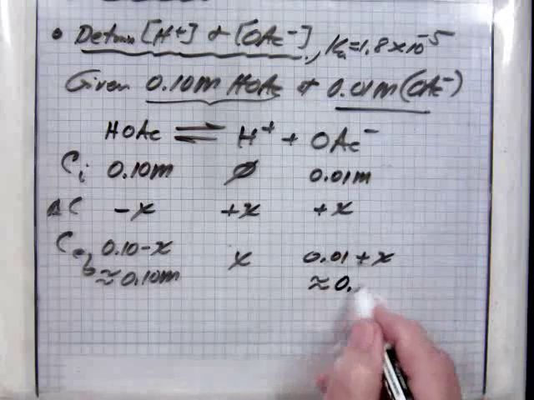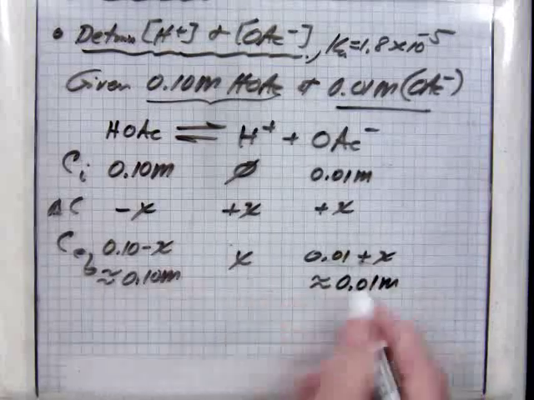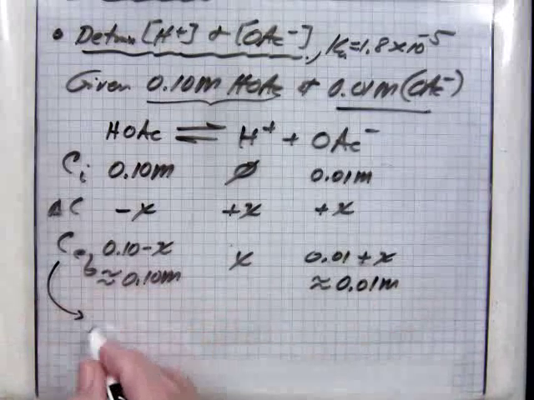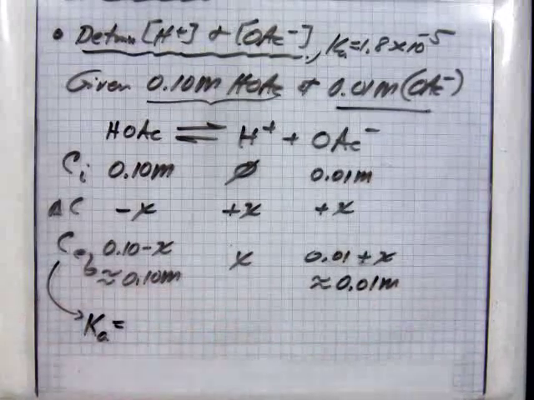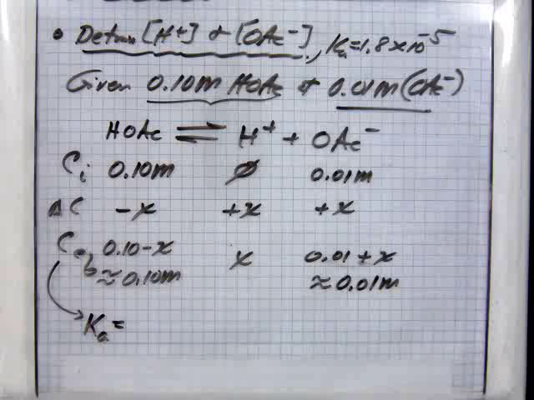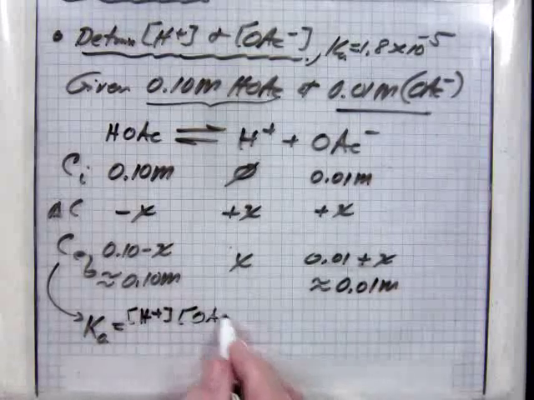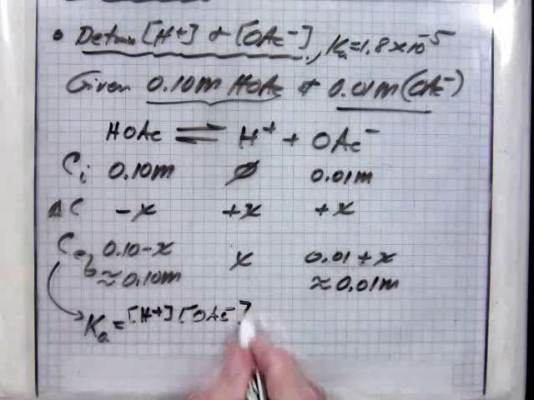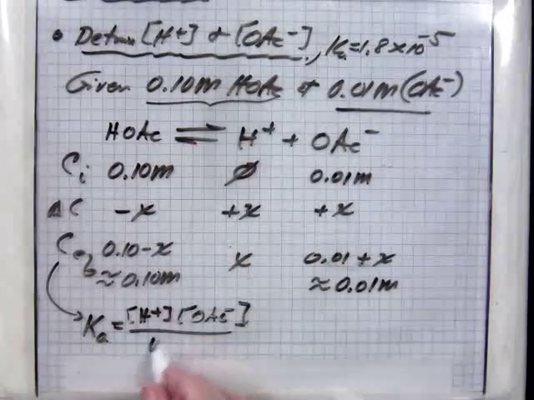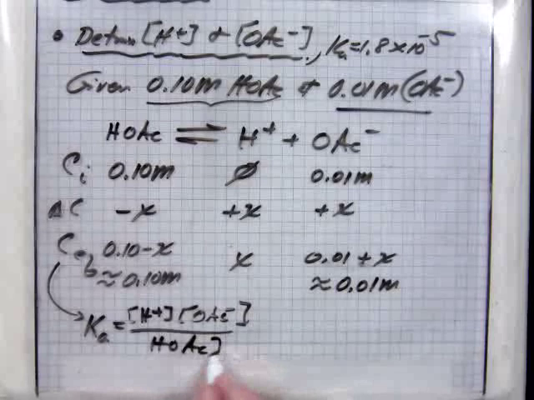So this becomes 0.1 molar. So there's your equilibrium row that you must substitute into your Ka expression. And so that would be hydronium ion, acetate ion, divided by the acetic acid concentration at equilibrium.